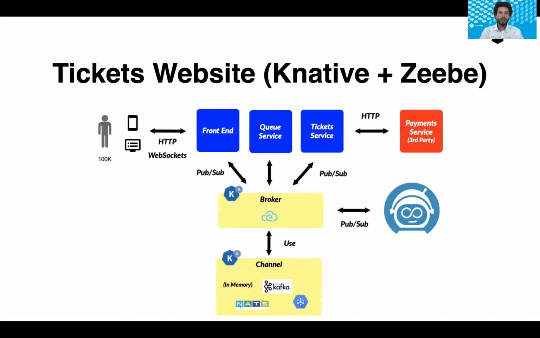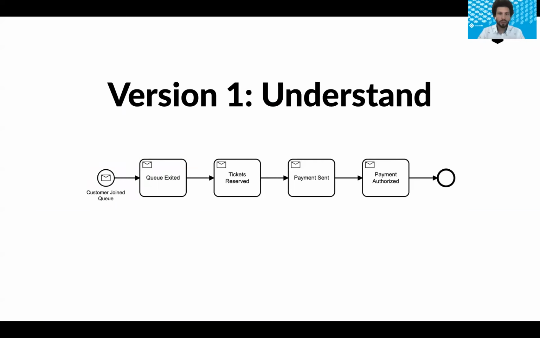So the architecture when you're using Zeebe is pretty simple, because the only thing that we can do here is tap into the events that are already being emitted by our applications. So we have Zeebe here. The only thing that we'll be doing is looking at the events that the application is emitting. And the first thing we can do is understand what's going on. So we can create a model like the one that I'm showing here.